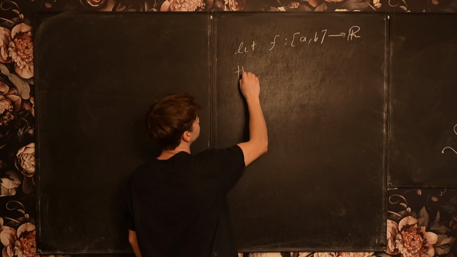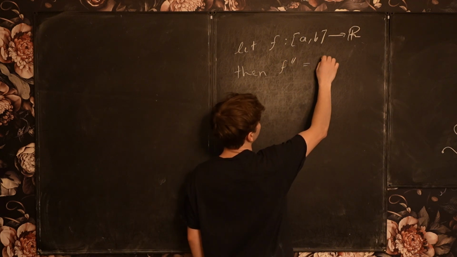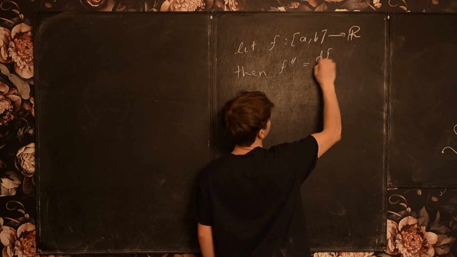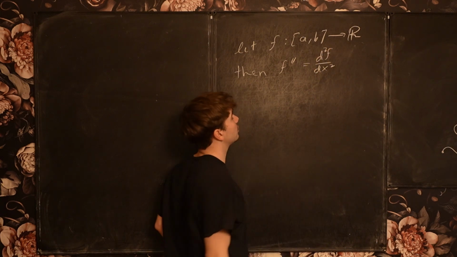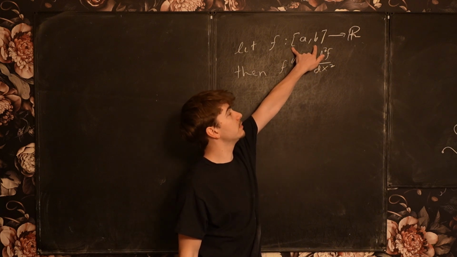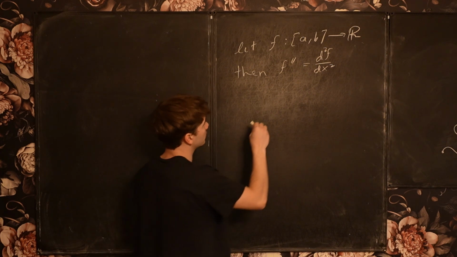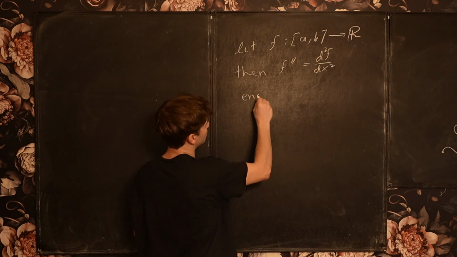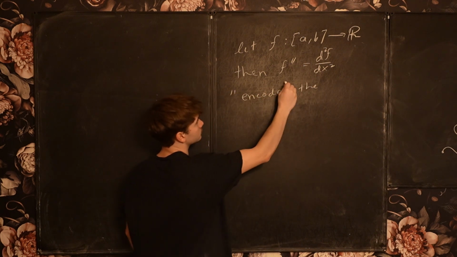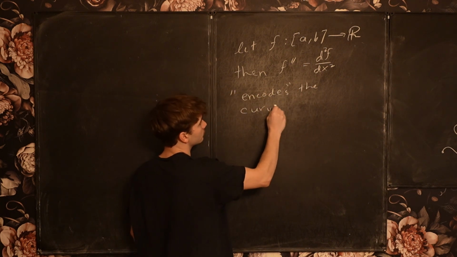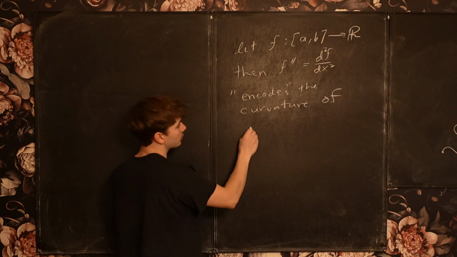So if I look at the second derivative of f with respect to the variable x, where x is in the interval ab, this will encode the curvature of the graph of f.